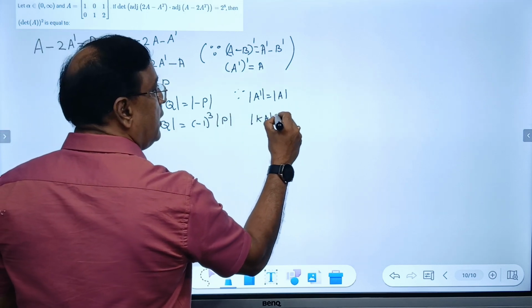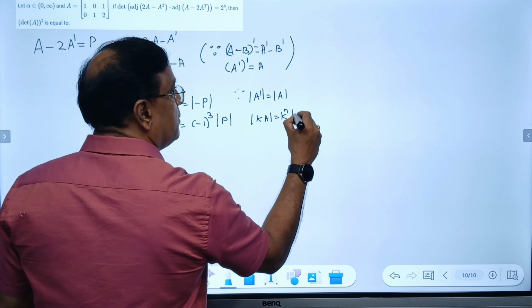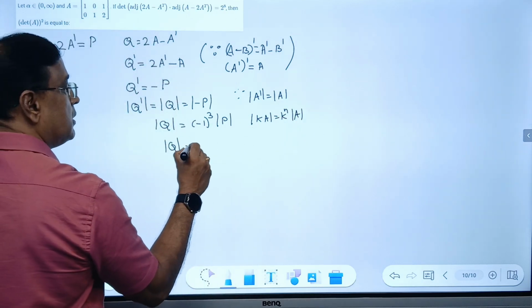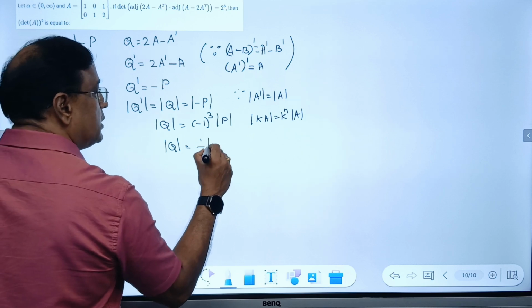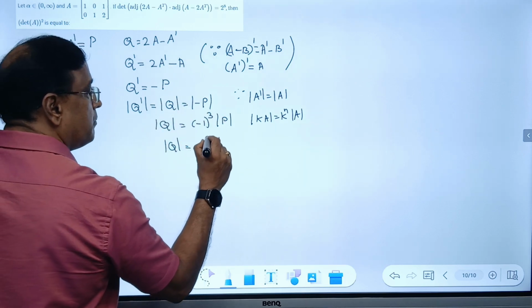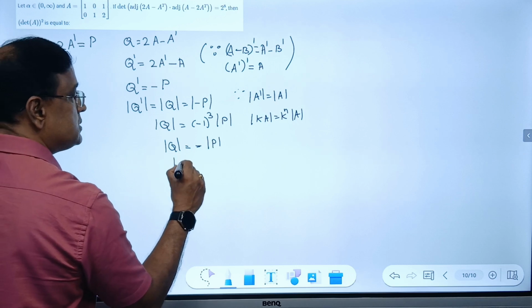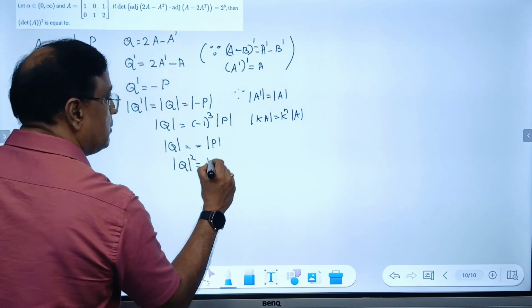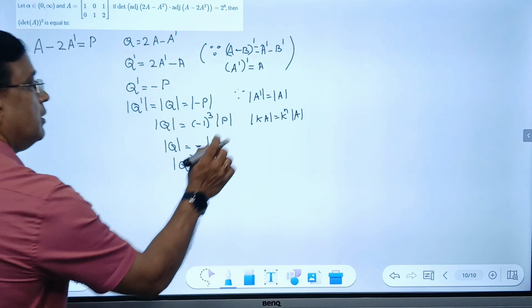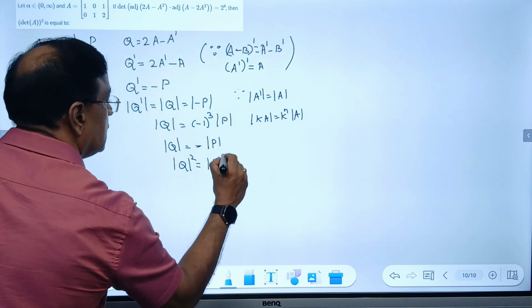Determinant of kA is k to the power n times determinant of A. So determinant of Q is nothing but minus determinant of P. Now I square both sides, which gives determinant of P the whole square.